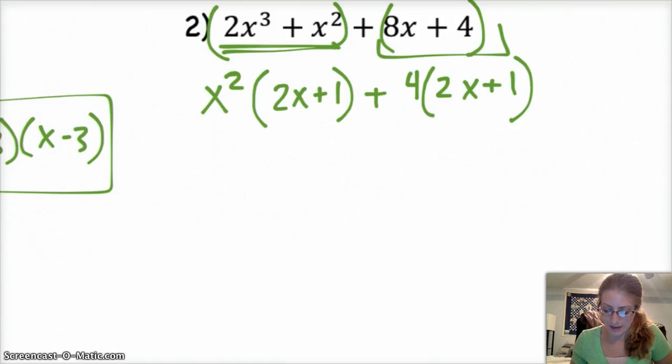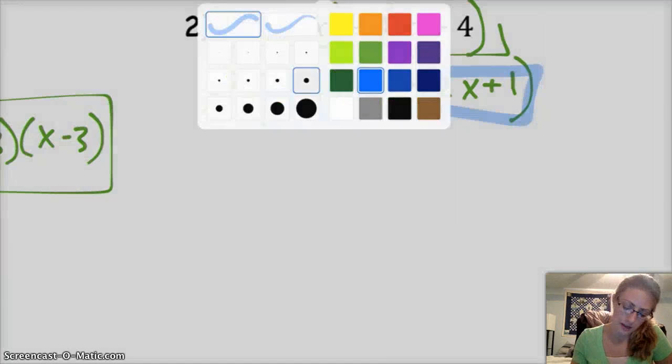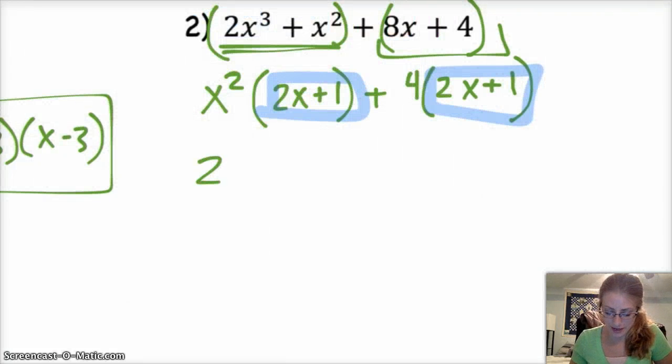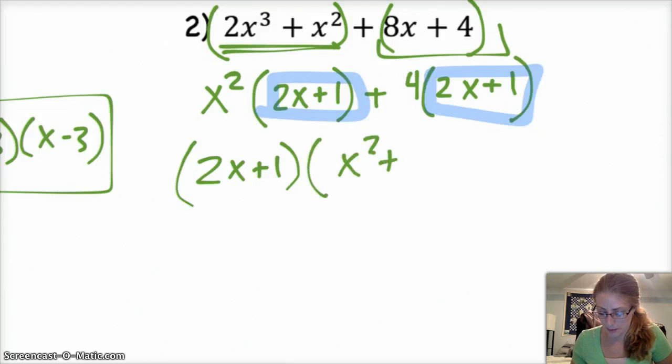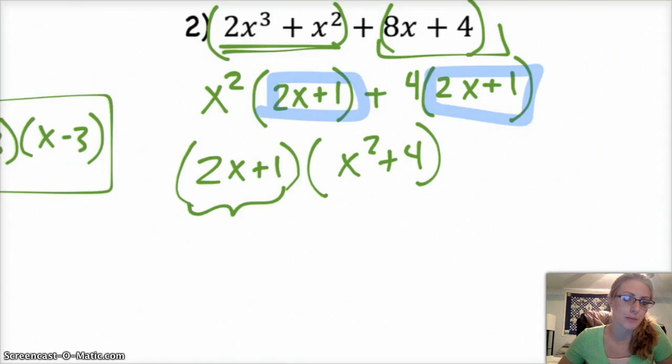Then both terms have 2x plus 1. You can pull that out, and I've got 2x plus 1 times x squared plus 4. Now, the question is, are we done? Can you factor 2x plus 1 anymore? No. Can you factor x squared plus 4?